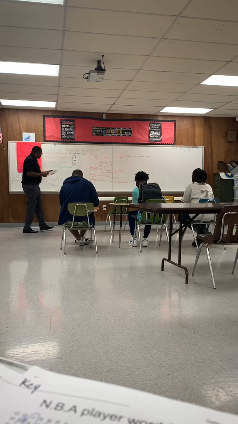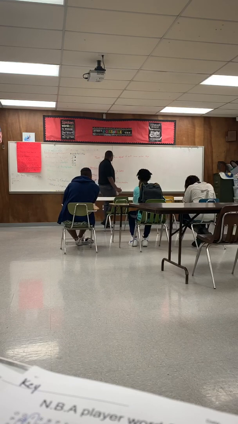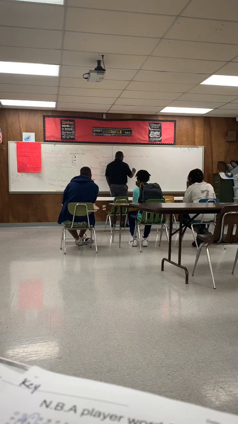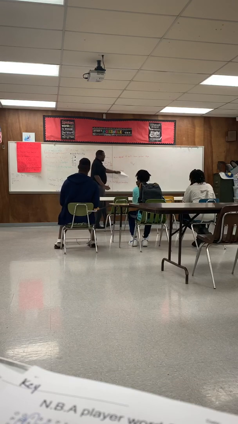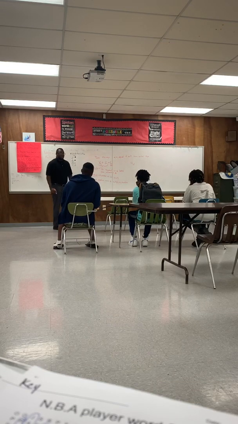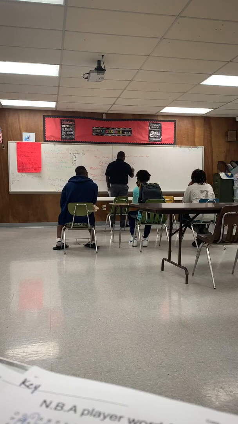Remember I told y'all when we were talking about expressions, if we have something that says 4x, that's multiplication, right? Because that number is right next to that variable. So 4x represents multiplication. It's just like saying 4 times x.